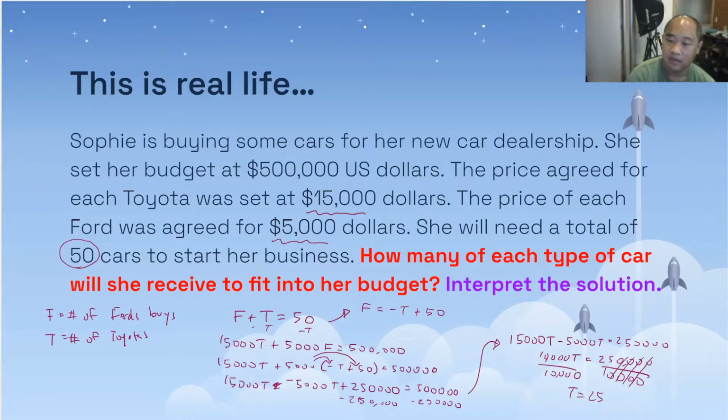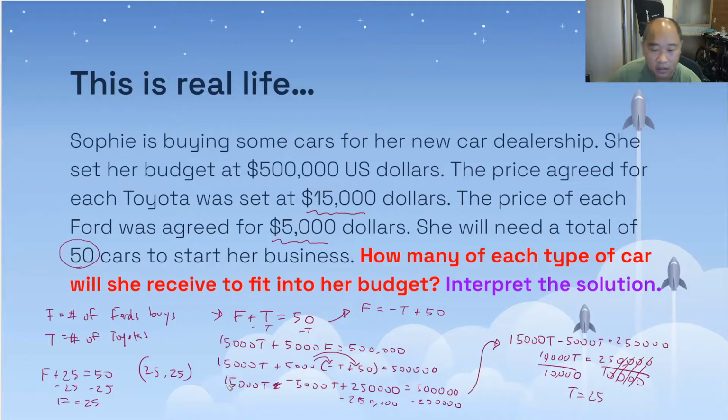Look at that. Now with t equals 25, I can plug that into this equation because that's easier, right? So that will be f plus 25 equals 50. Subtract 25 from both sides, and f equals 25. Now, look at that, 25, 25.